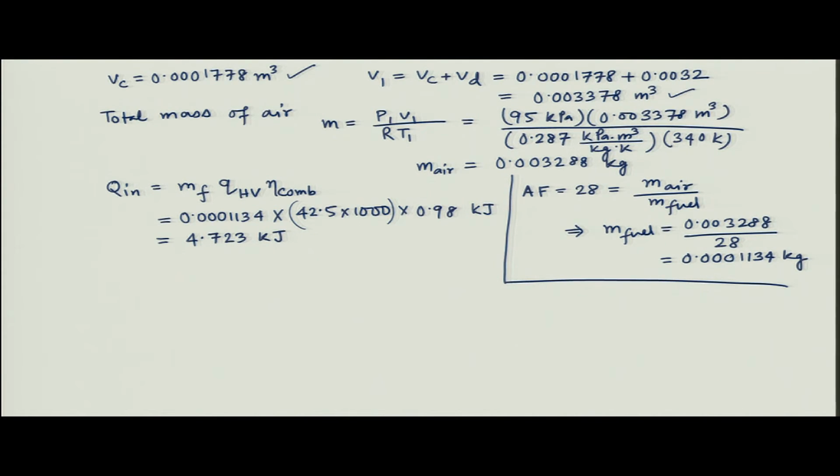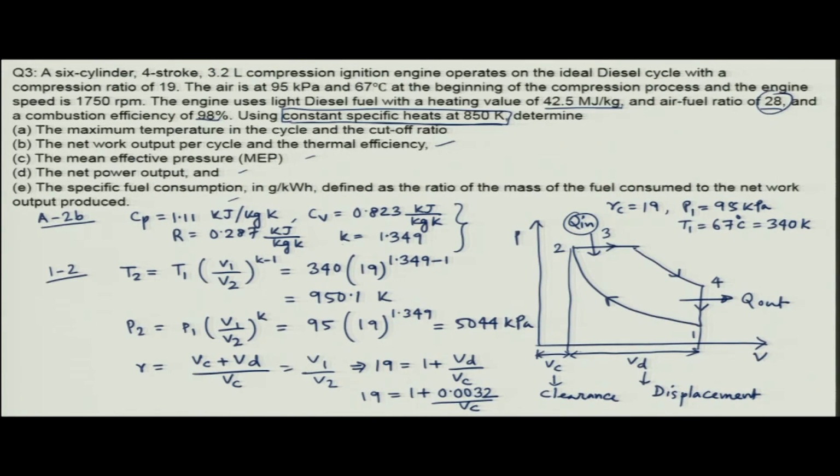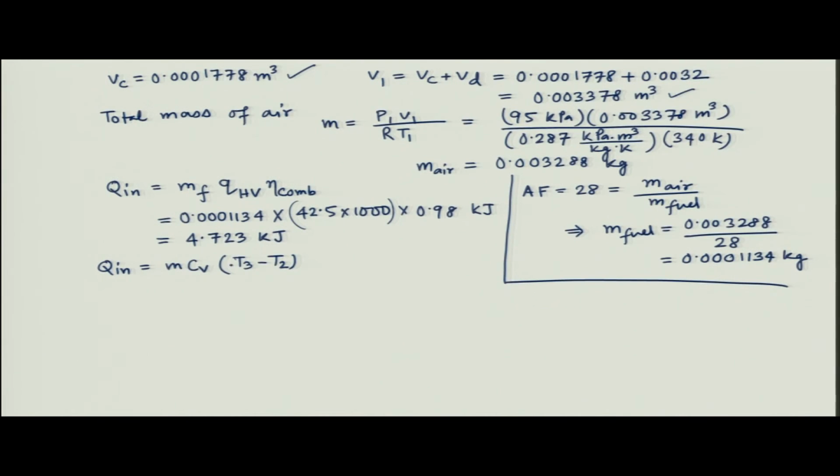Now, this Q in should be equal to m times Cp times T3 minus T2, corresponding to these states. T3 minus T2 is the temperature difference multiplied by, sorry, it will be Cp, not Cv, for the constant pressure heat addition process.